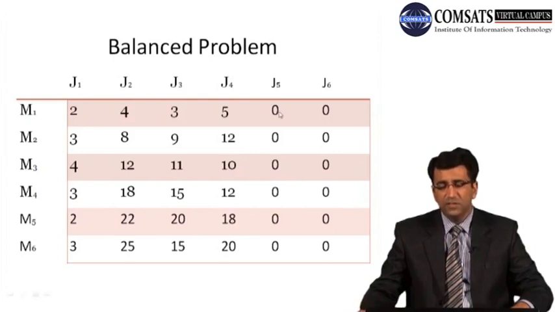You can see that the cost for the assignment of these 2 jobs which we have just introduced to the different machines is 0. So the cost for assigning both of these jobs, J5 and J6, to the different machines will be 0. That is very important: all of these assignments related to job 5 and job 6 will have 0 cost.